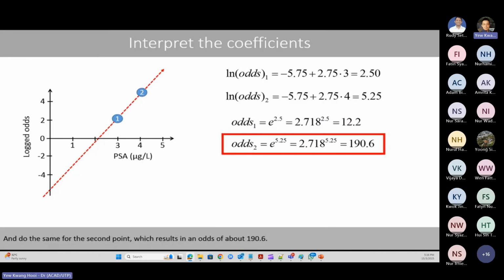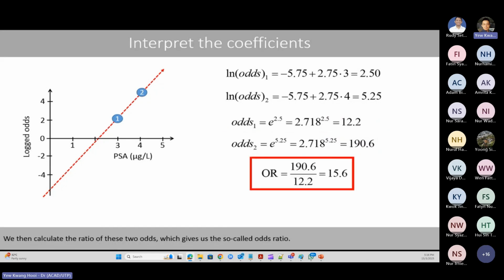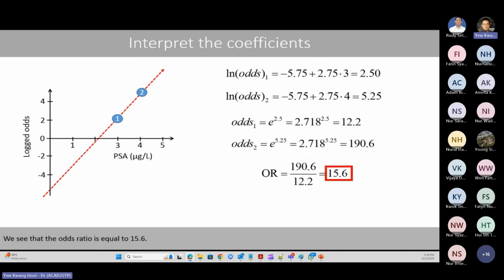And do the same for the second point, which results in odds of about 190.6. We then calculate the ratio of these two odds, which gives us the so-called odds ratio. We see that the odds ratio is equal to 15.6.